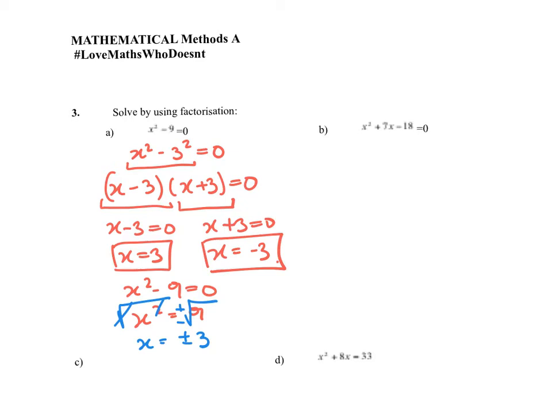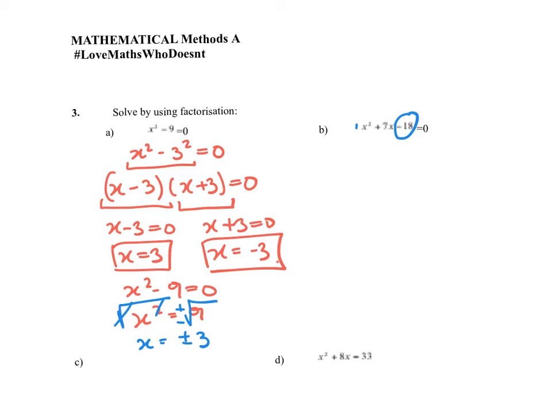Part B, so we have x to the power of 2 plus 7x take away 18. As the coefficient of x to the power of 2 is 1, we are only looking at the constant, negative 18.